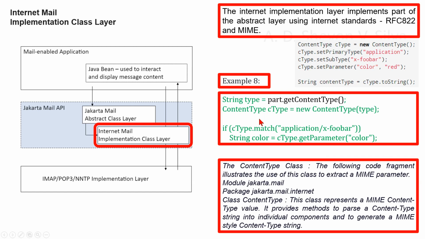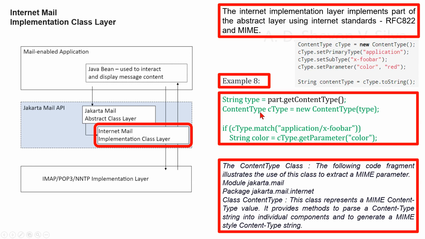The ContentType class is a utility class that parses and generates MIME content type headers. To parse a MIME content type value, create a ContentType object and invoke the toString method.